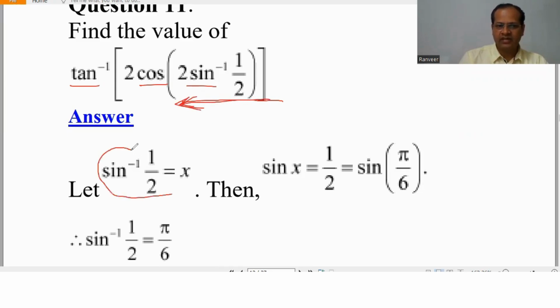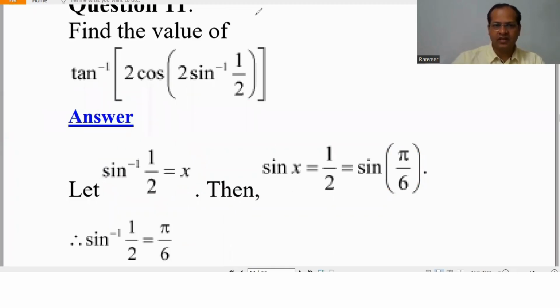So sin inverse 1 by 2, assume this is x. So sin x is 1 by 2, and this is nothing but sin 30 degree, so sin inverse 1 by 2 is equal to pi by 6.